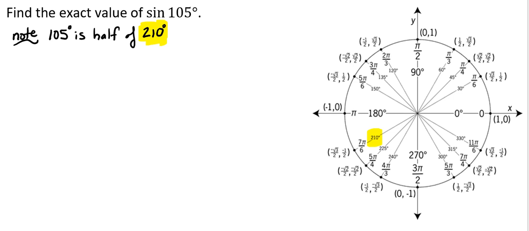Which means that we can use the half-angle formula for the sine of u over 2, where u is going to be 210.